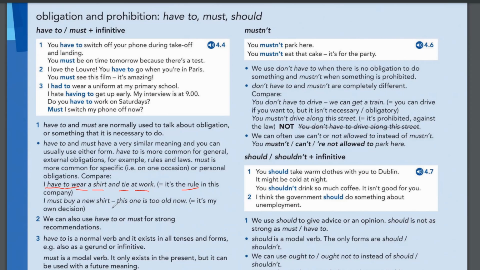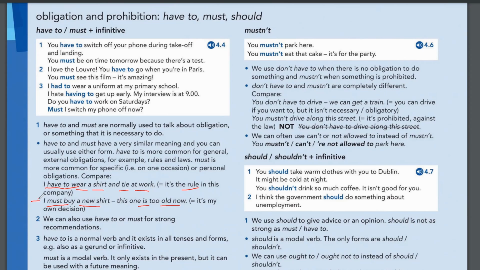It's not your opinion. But when you say I must buy a new shirt, this one is too old now, you are personally thinking that it is necessary now to buy a new shirt, because in your opinion, your shirt is too old. So you are in need of a new shirt. You are giving this opinion for yourself, because it's not a rule.